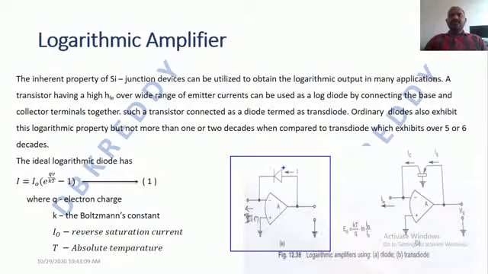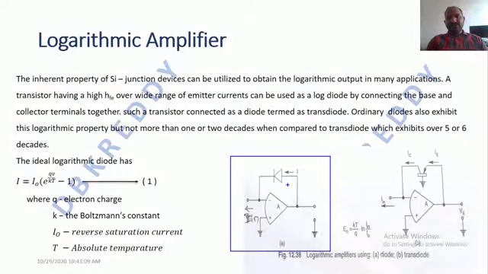In general, we can make use of the diode to give the output in terms of the log, but there is a drawback for the diode. It depends on whether your logarithmic amplifier should work over a long range or a short range.